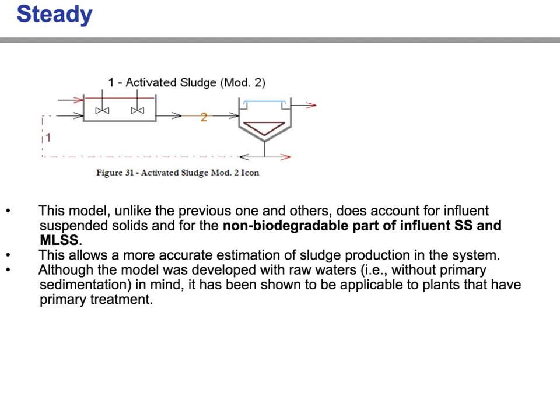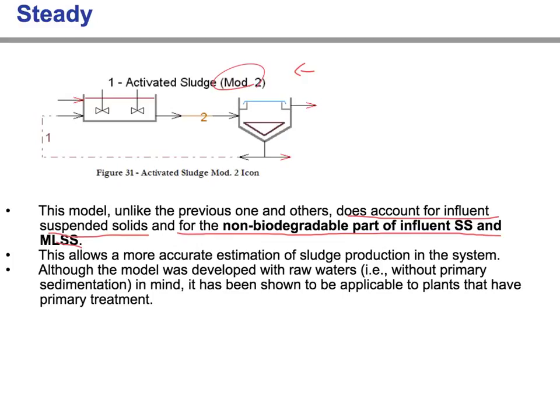So we actually have another choice, the second model. This looks similar to the previous model, but it has different equations inside the reactor. This model, unlike the previous one and others, does account for influent suspended solids and for the non-biodegradable part of influent suspended solids and MLSS.